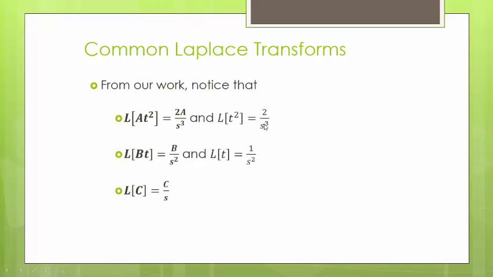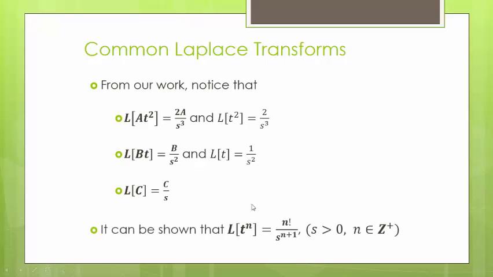I won't make you verify that again. The Laplace transform of t is equal to 1 over s squared, and the Laplace transform of any constant is that constant over s. So the Laplace transform of 1 would be 1 over s. The Laplace transform of negative 7 would be negative 7 over s. This rule could actually extend, so I alluded to this a minute ago.